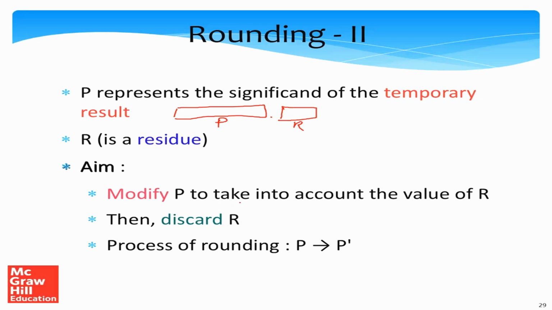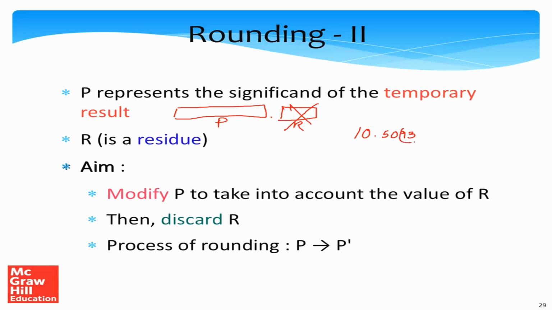So the aim is to modify P to take into account the value of R, and then we can happily discard R. Let me give an example in the world of decimal numbers. So let's assume we are allowed to store only 2 digits after the decimal point, and the number is of the form 10.5093.